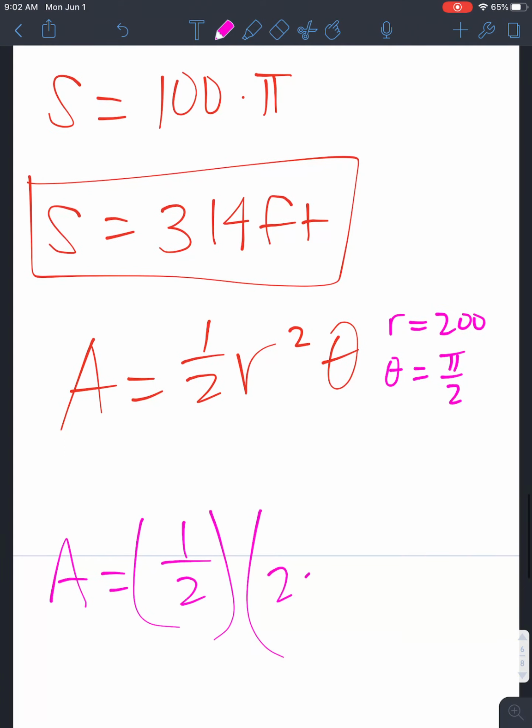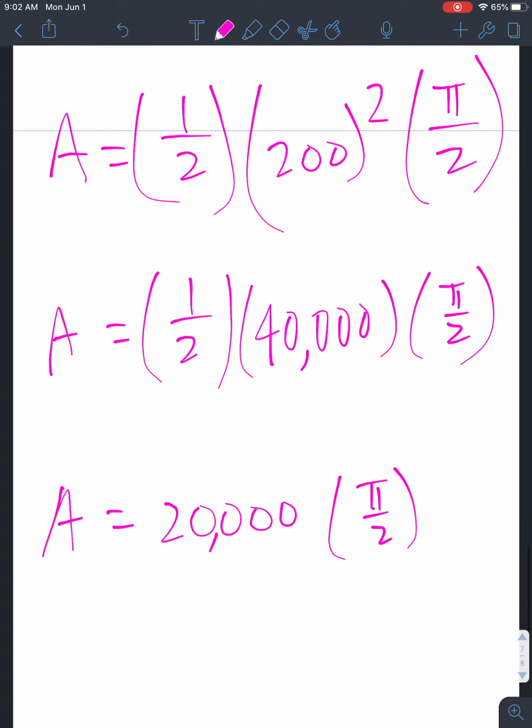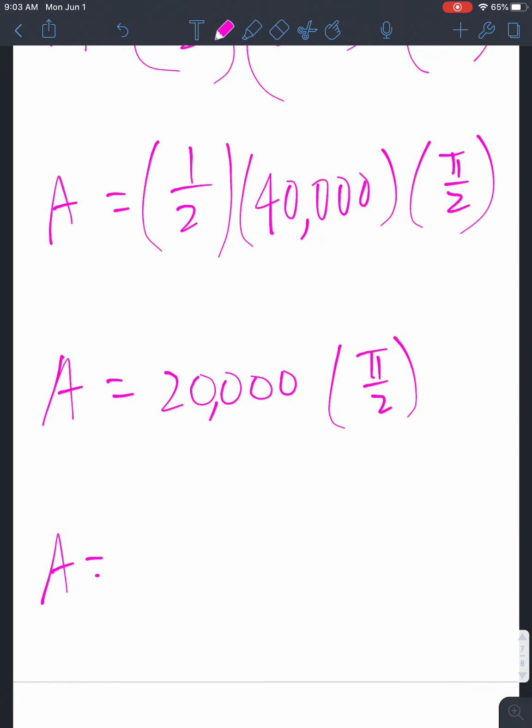So I have 1/2 times 40,000, that gives me 20,000 times pi over 2. Multiplying by just the over 2 part, or multiplying again by another half, we get 10,000 times pi.